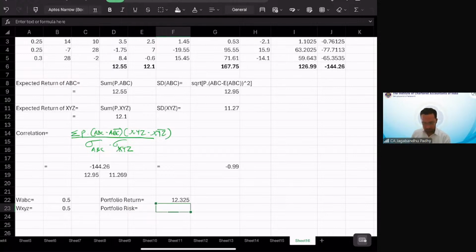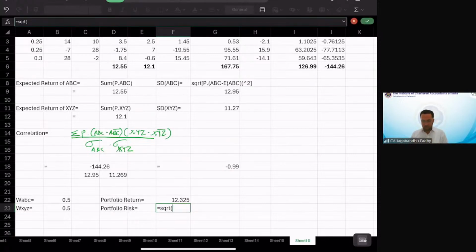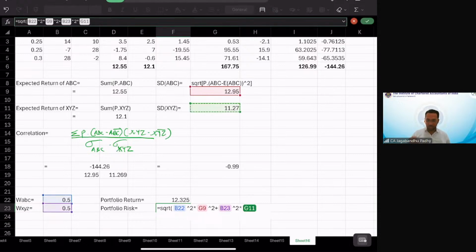Using the Markowitz formula, portfolio risk will be equal to the square root of weight of ABC square into standard deviation of ABC square, plus weight of XYZ square multiplied by standard deviation of XYZ square, plus 2 into weight of ABC into weight of XYZ into standard deviation of ABC into standard deviation of XYZ into correlation between ABC and XYZ.